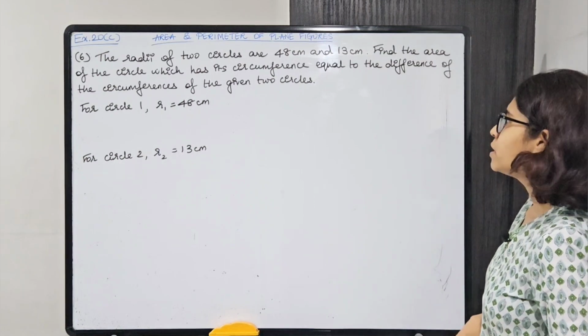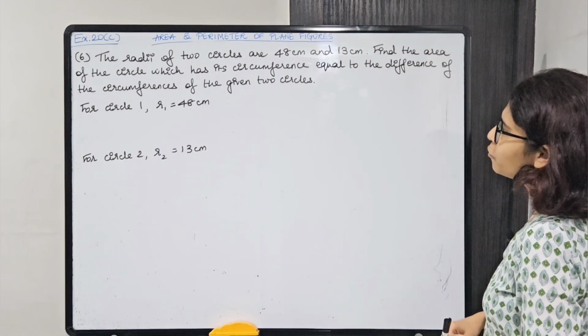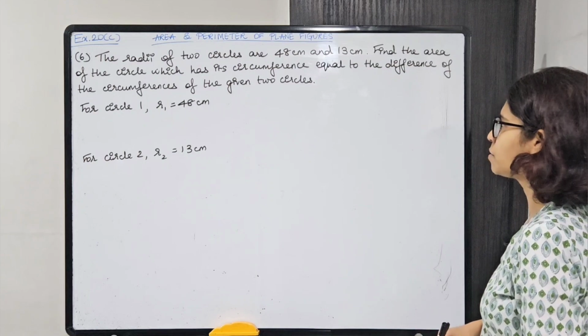Find the area of the circle which has its circumference equal to the difference of the circumferences of the given two circles.